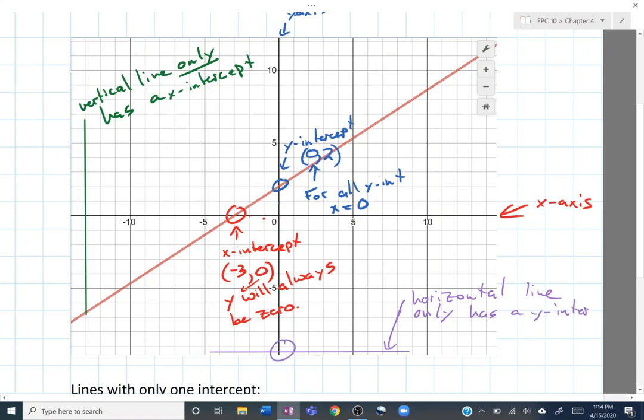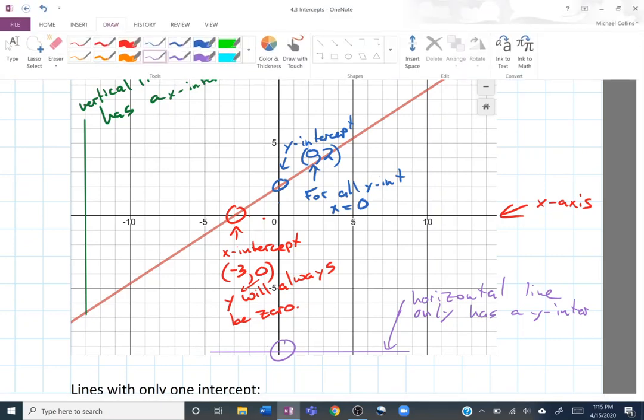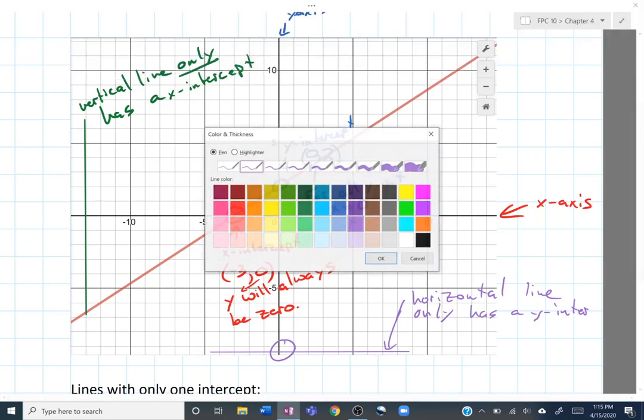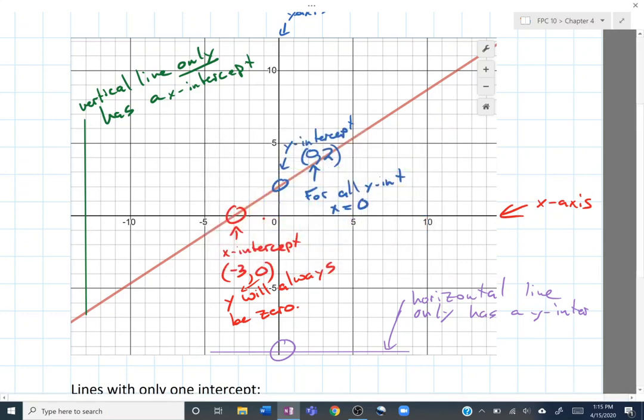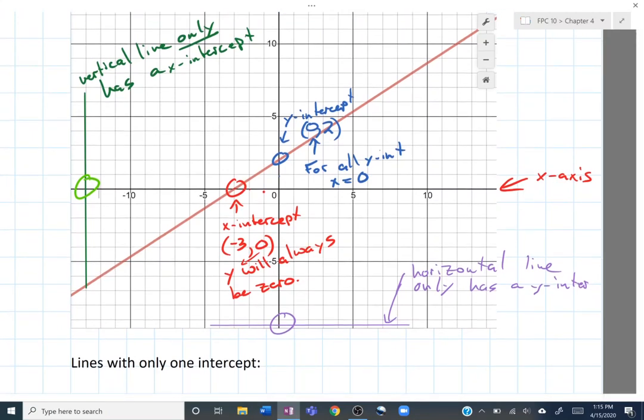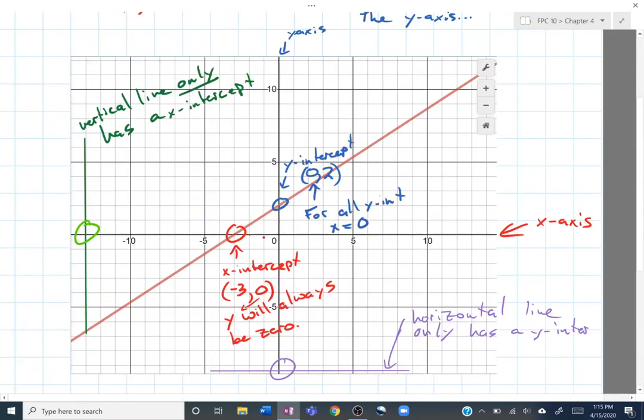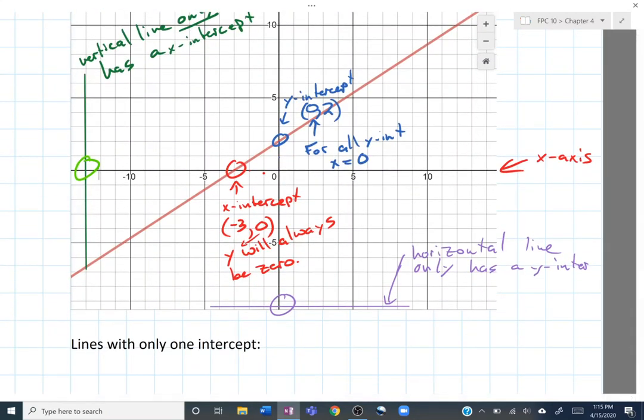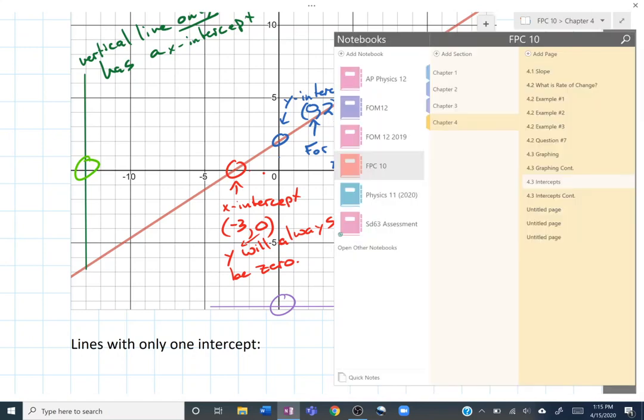And that would be right there for my horizontal line. And if I go back to that shade of green, this is my x-intercept. Those are subtly different, but that's okay. So that's our x-intercepts and y-intercepts for an angled line, horizontal line, or vertical line.